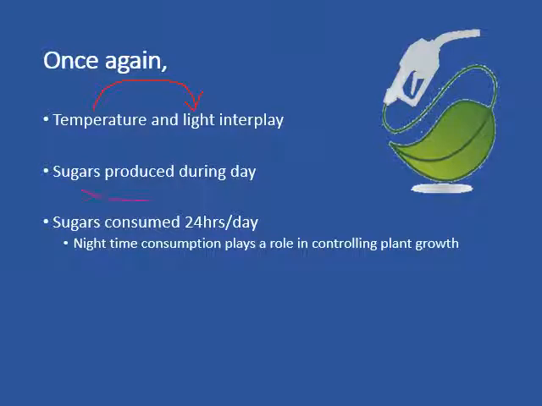And of course, sugars are made during the day when the sun is shining. But the key thing here, and I'll ask this on the midterm, make sure you know it, is that sugars are consumed 24 hours a day, right? So nighttime consumption of sugars plays a big role in how plants grow.